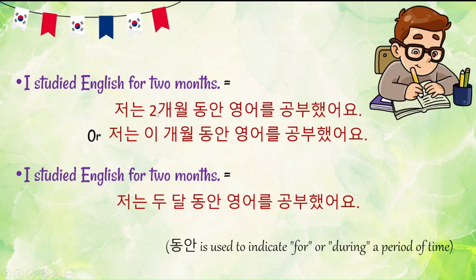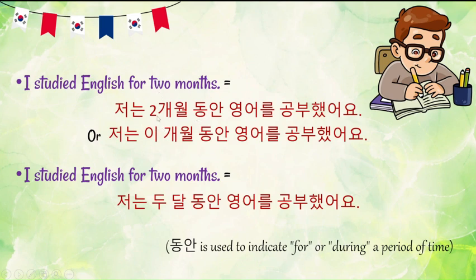Same rules are applied. 저는 2개월 동안 영어를 공부했어요. 공부하다 is the Korean word for to study. It's the verb to study, and in the past tense, 공부했어요. And for English, the Korean word is 영어. So this is how you use 개월 in a sentence to count months.